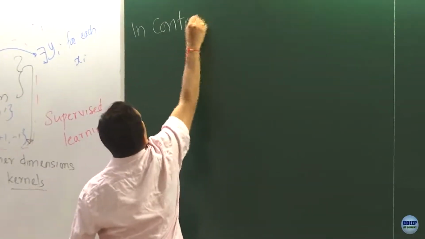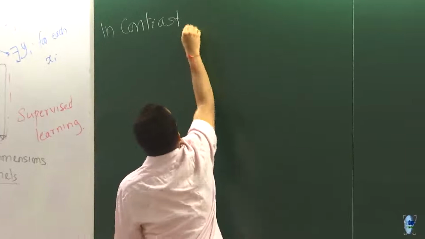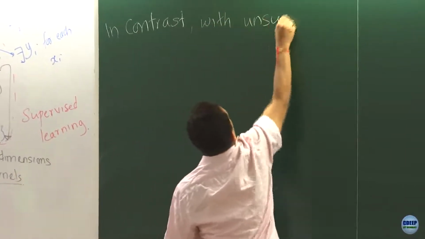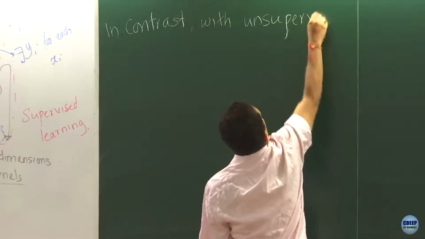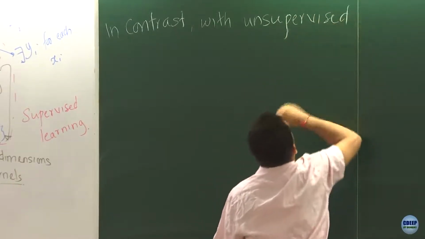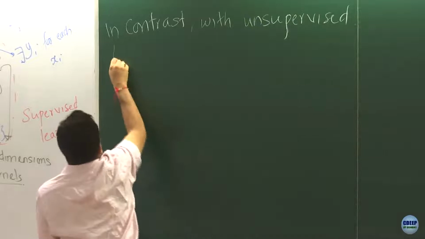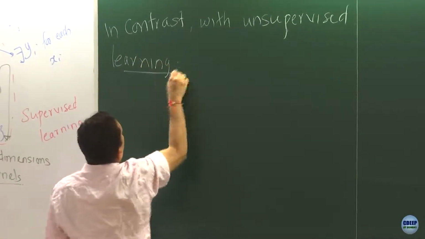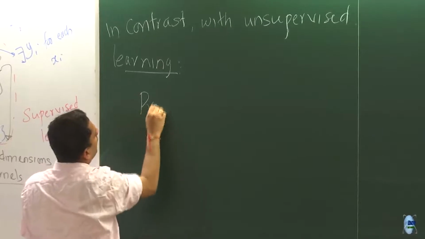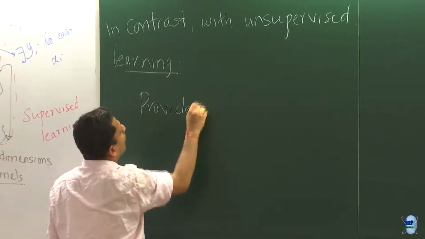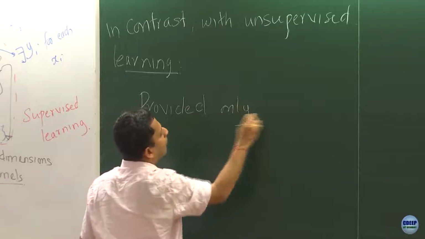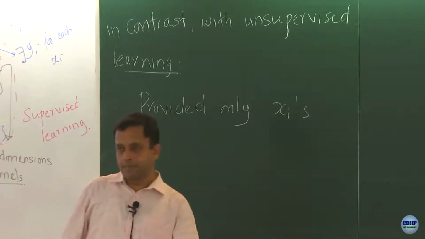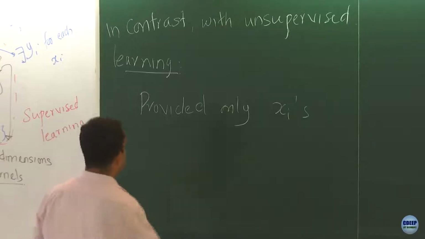In contrast, you are provided only xi's. The examples could be like this.